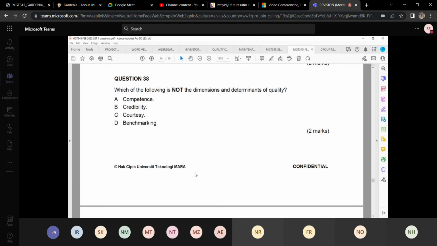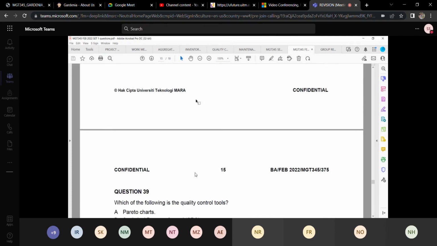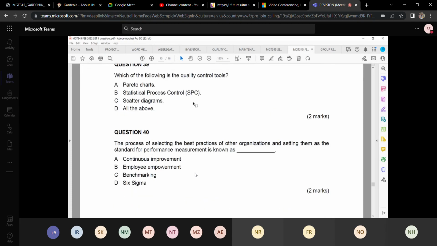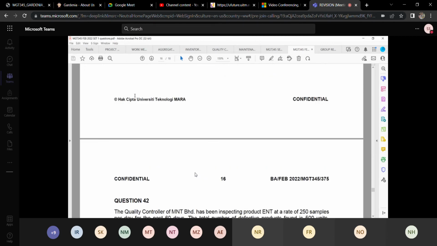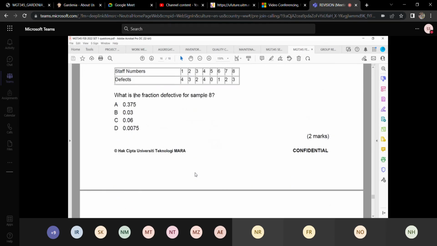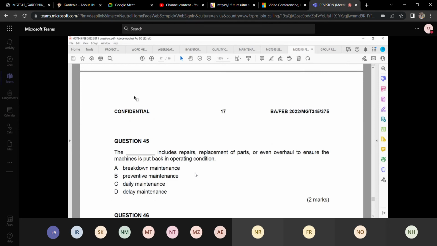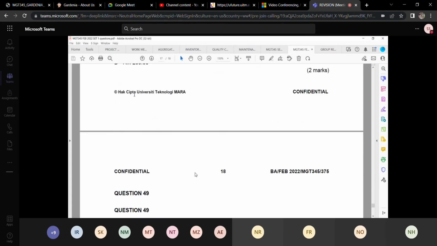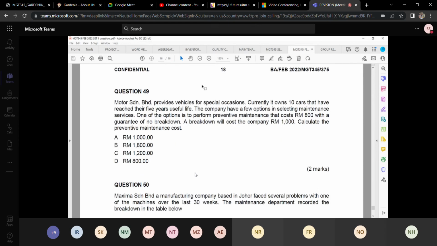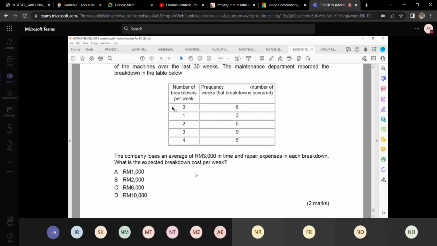Tapi dia kat sini not the dimension. Quality control tools. Mana quality control tools? Adakah semua ataupun some of these? Maintenance. Last chapters, maintenance.